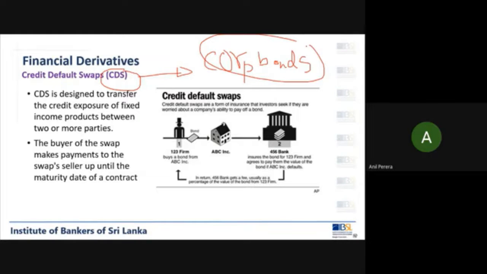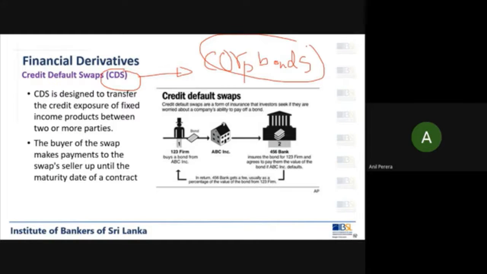So these credit default swaps are a form of insurance given to the investors who are worrying whether the company whose bonds they have purchased will be able to pay off the bond or not. So this is a kind of insurance for the bondholder.